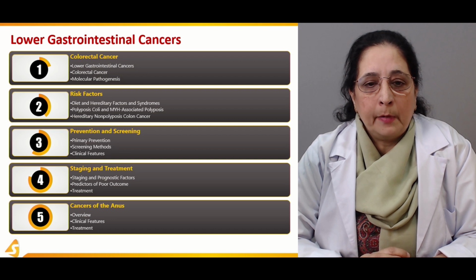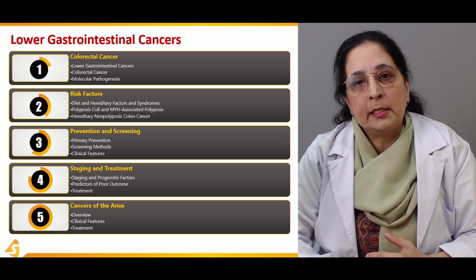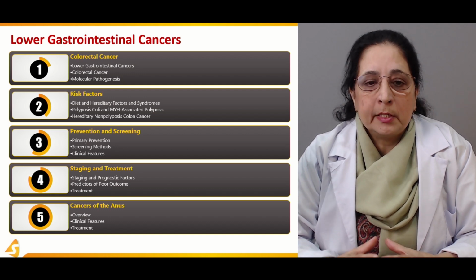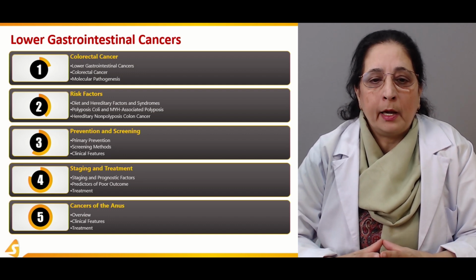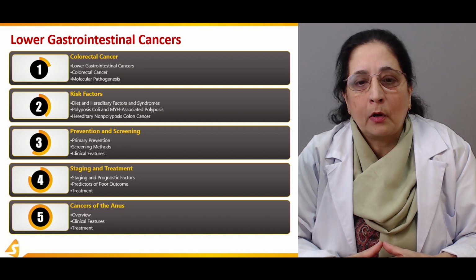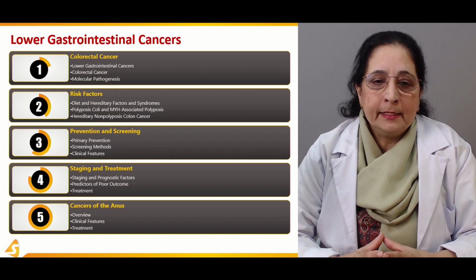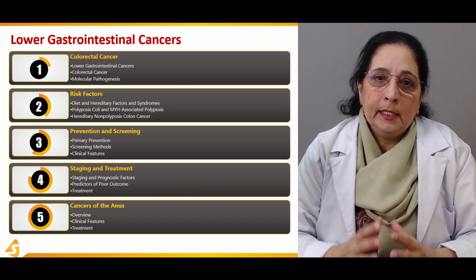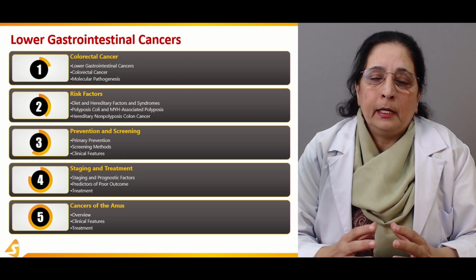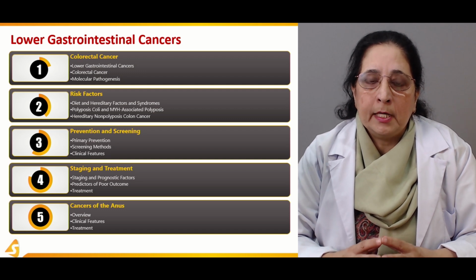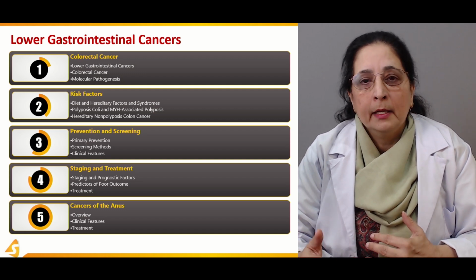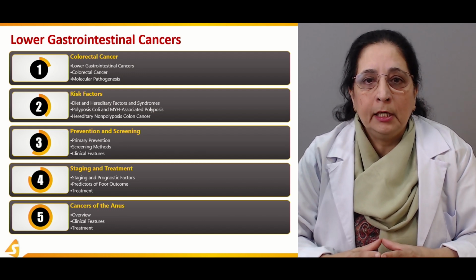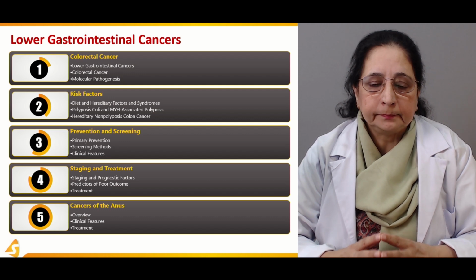Then we will talk about some other syndromes associated with colorectal cancer: polyposis coli, MYH-associated polyposis, and hereditary non-polyposis colon cancer. So all these will be discussed in today's lecture, and all these are the contributing factors or the risk factors associated with colorectal cancer.